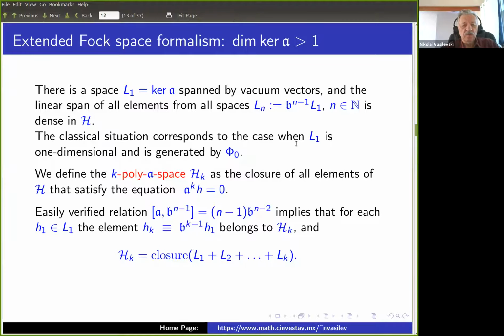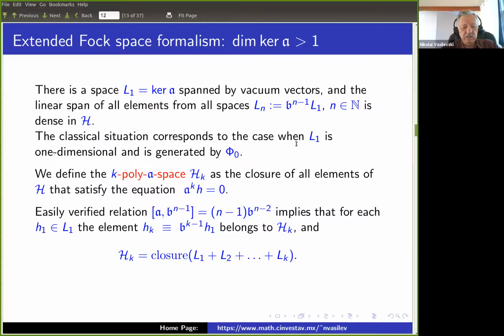In the situation of a multidimensional kernel of operator A, we can define the k-Pauli space Hk as the closure of all elements that satisfy the equation: the k-th power of operator A applied to the element is equal to zero. That is, the kernel of operator A to the power k.